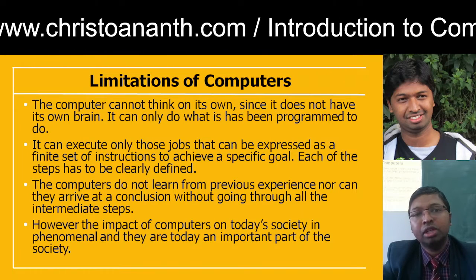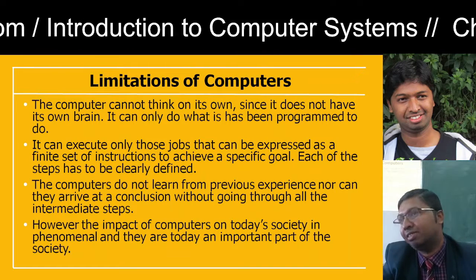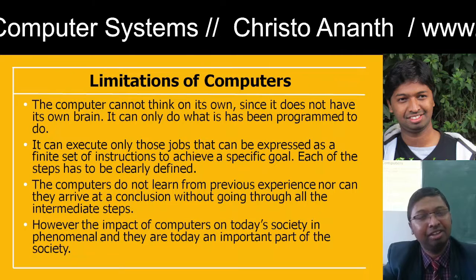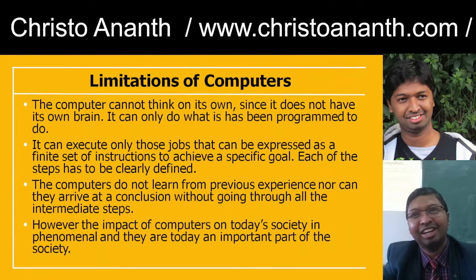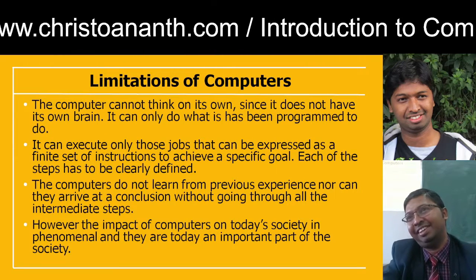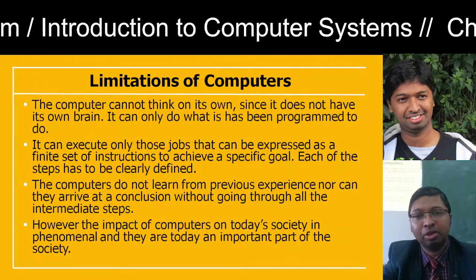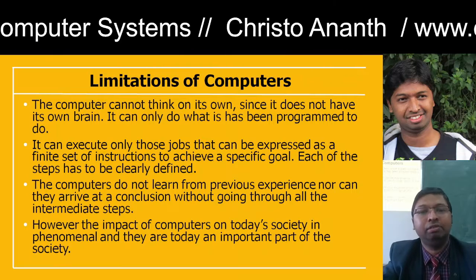Okay, computer cannot think because it doesn't have any brain. Humans, they think, they have a brain. We have a brain, but we use very little. Computer doesn't have a brain. That is the reason it does whatever you say. Okay, so it can execute only those jobs that can be expressed as a finite set of instructions.